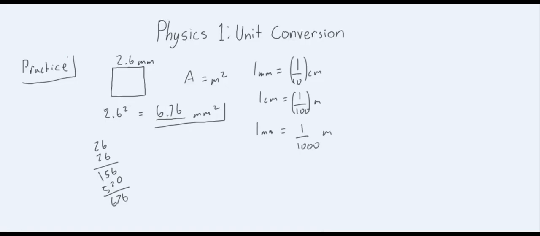And you may be wondering, how are we supposed to derive meters squared from this expression? It's pretty straightforward. You would square both sides. Simple algebra. That would make 1 millimeter squared equal to 1/1 millionth meter squared.